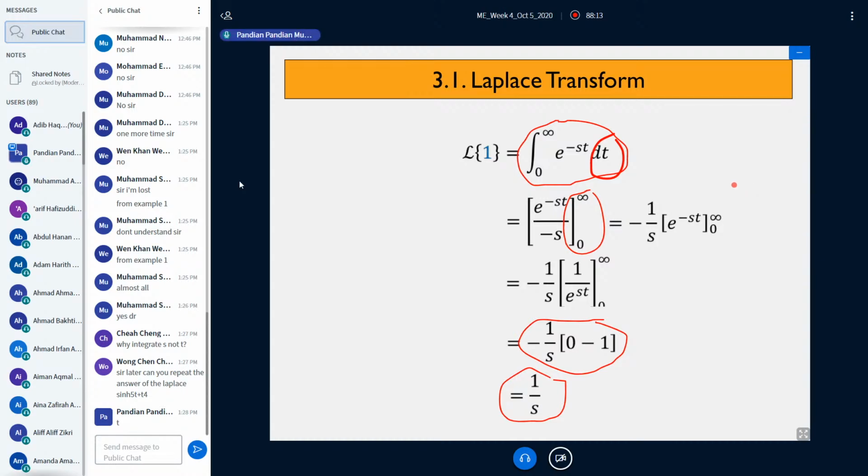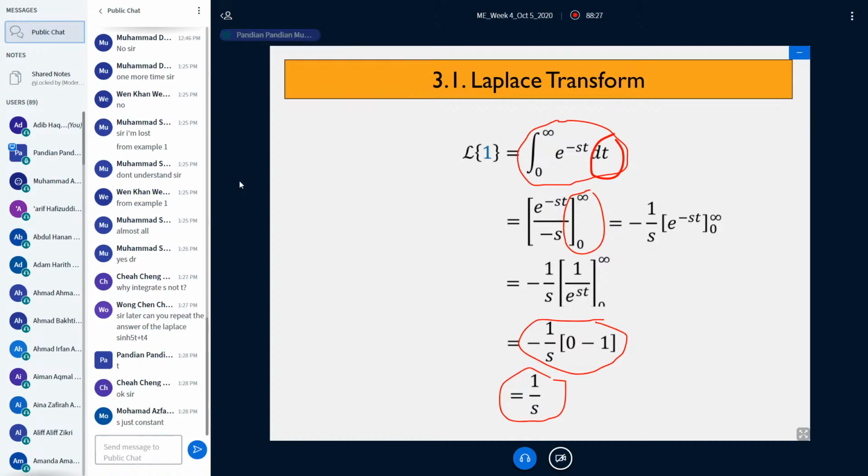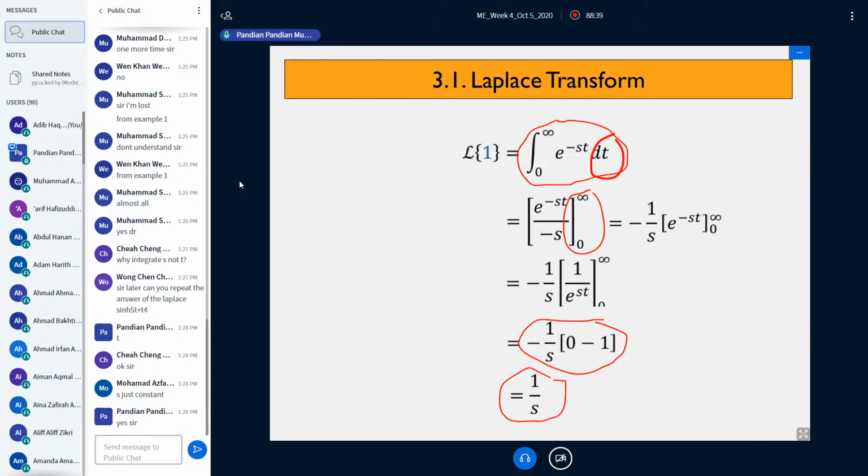Wong Chen. Yeah, I'm repeating now. Repeat the answer of the Laplace transform. Chia, you got it wrong. Chia. Integrate with respect to t. S is just a constant. Yes. Yes, sir. S is constant. T is variable. So minus 1 over s outside.